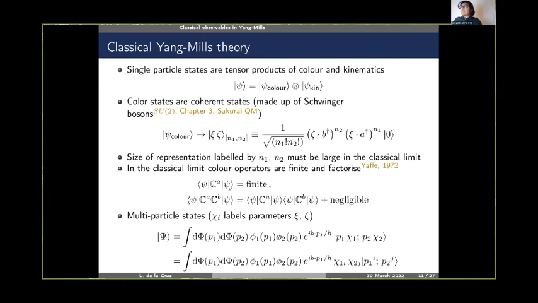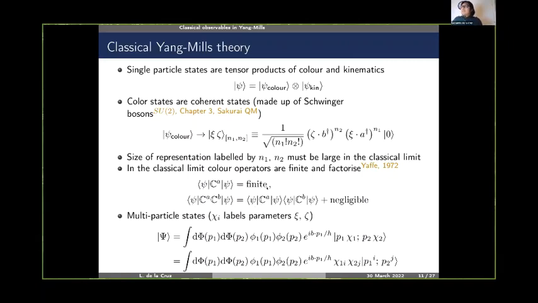So with these states that I have defined, I'm going to require that the color charges satisfy two properties. One property is that the expectation value of the color charge operator must be finite, and the other is that the product should be such that I have the factorization of these two charge operators in this way.